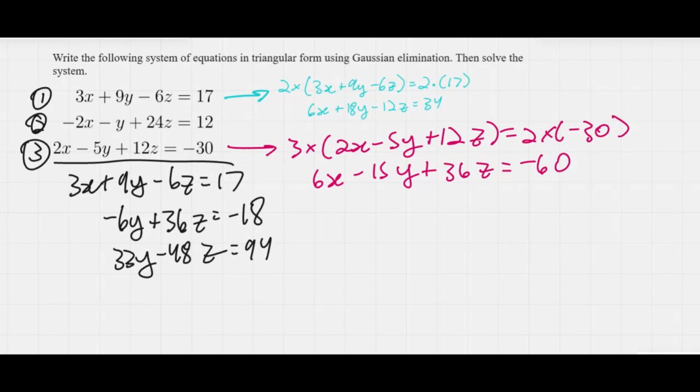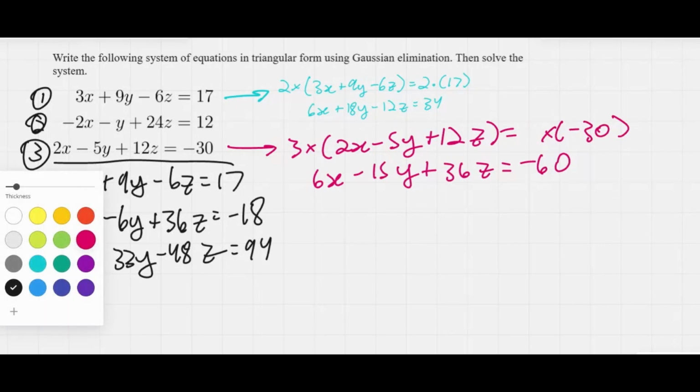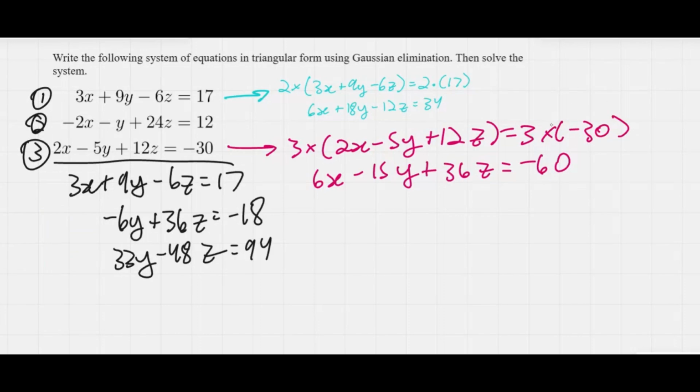I have multiplied this value by 2 instead of 3. So in order to fix that, I'm just going to change it as follows. So multiplying this by 3 instead, that leaves us with negative 90 over here. And so in doing so, we actually have 34 minus negative 90, so that's going to be 124. So let me change that value to 124.